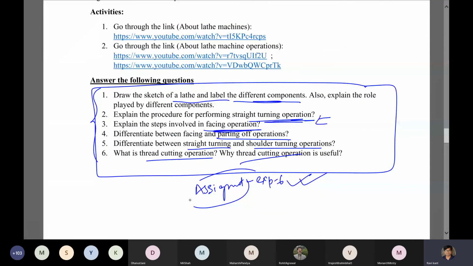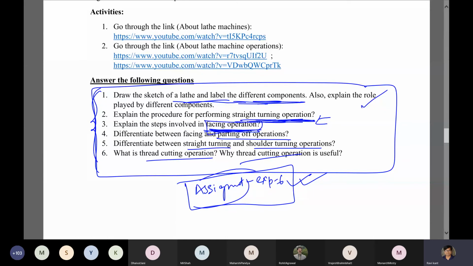I would expect you to write an assignment based on these 6 questions. First is draw, sketch and label the different components. Explain the procedure of performing the straight turning operation that we have seen in our video. The first operation was the facing operation.